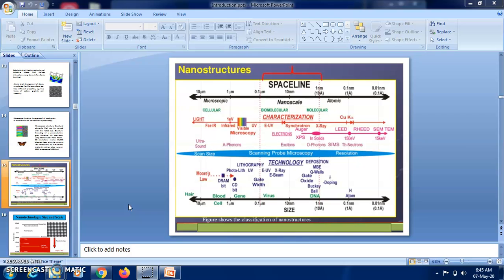Beyond that it shows the gene, blood cells and hair sizes. So here they clearly give the nanostructure sizes, where it starts and where it ends, the scale, the characterization, what technology we can use to identify these things, and the comparison of sizes with others.